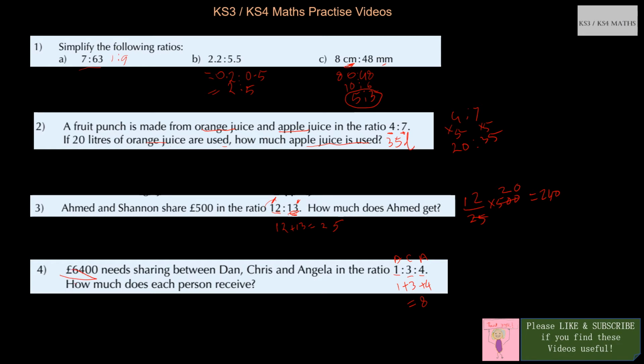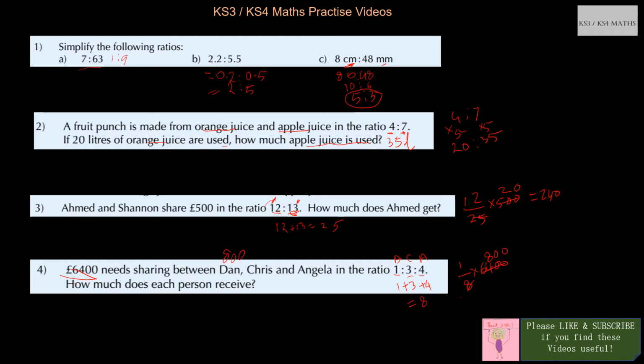So Dan would get 1 out of 8 multiplied by 6,400, that is 800. So Dan would get 800.